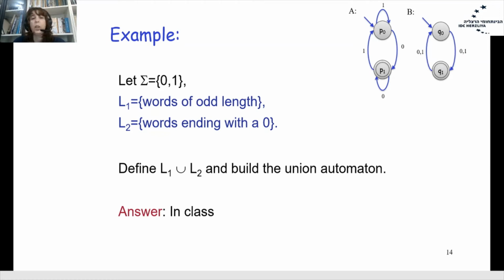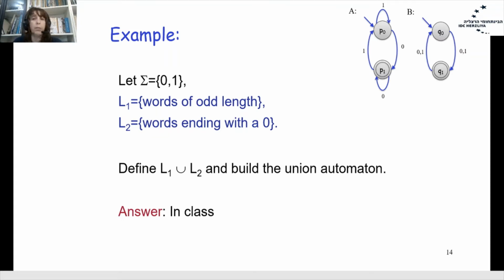The language L2 is the language of all words ending with 0, and in this example, it is automaton A. We would like to define an automaton for the union of L1 and L2. Basically, we would do this example in class. So I would like you to stop the lecture recording and try to draw the automaton according to the definitions that I gave before.